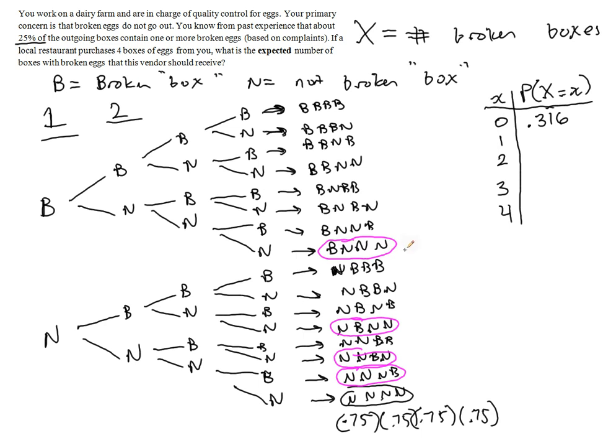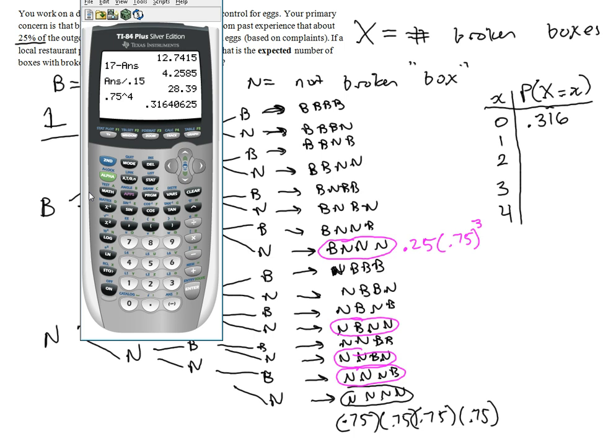Now each of these will have the same probability because they'll all be 0.25 times 0.75 times 0.75 times 0.75. They're just in different orders, but it doesn't matter whether you do 0.25, 0.75, 0.75, 0.75, or 0.75, 0.25, 0.75, 0.75, as long as there's one multiple and 3 of these multiples. They occur 4 times, and each of those will have the same probability.